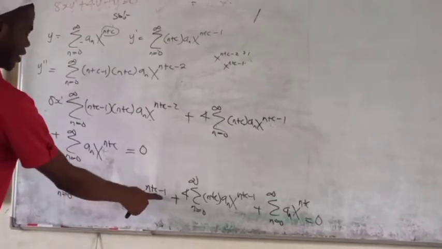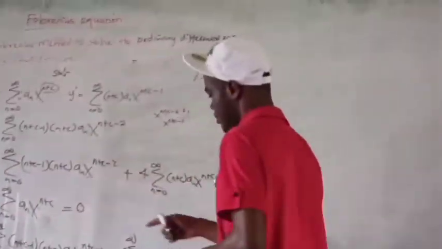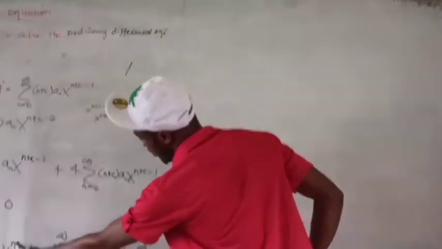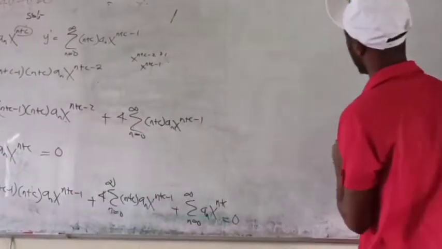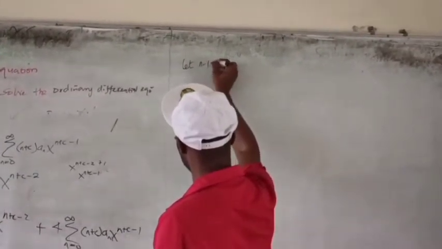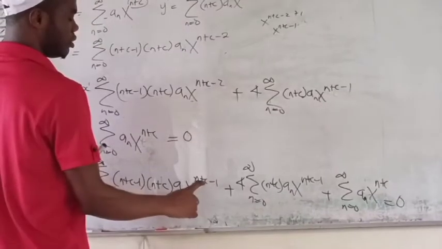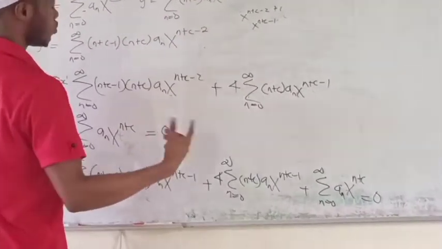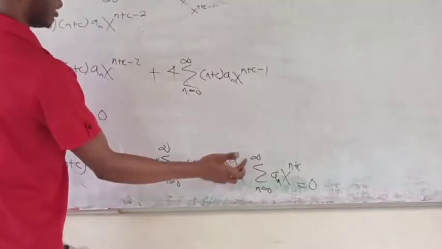If, in the first equation, from the first and second summation, they are the same, I would let n minus 1 equals k. Assuming it was 2 here, it would have been n minus 2 equals k, and assuming it was negative 2, it would also have been n minus 2 equals k.